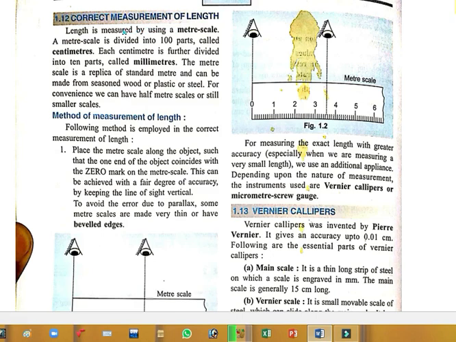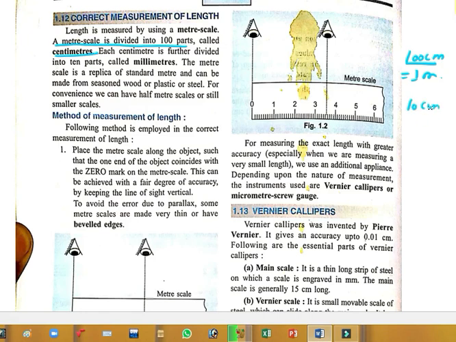Okay, so length is generally measured by a meter scale. And in a meter scale we know that 100 centimeters comprise 1 meter. That means a meter scale is divided into 100 parts, and these 100 parts are called centimeters.